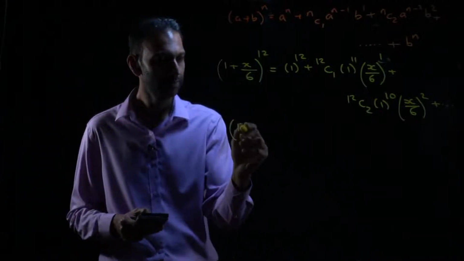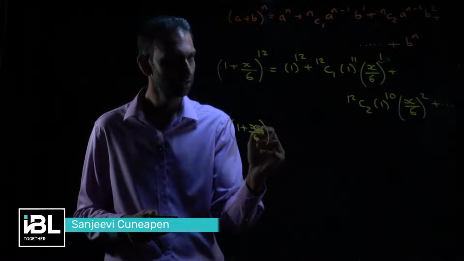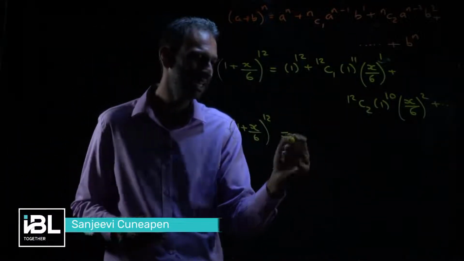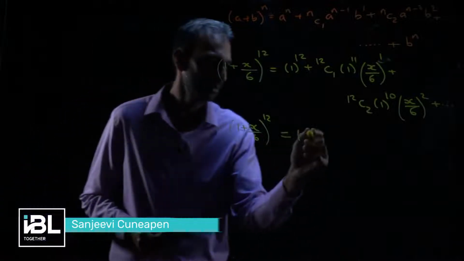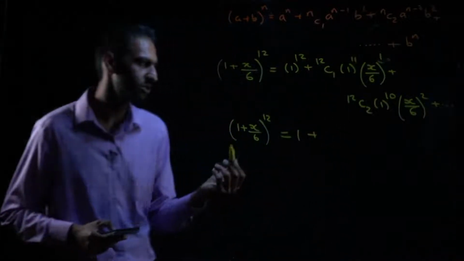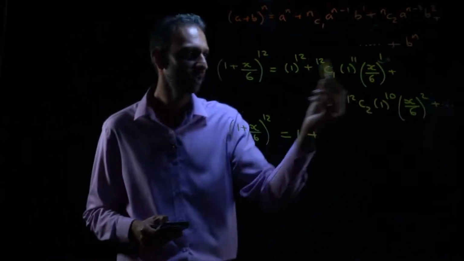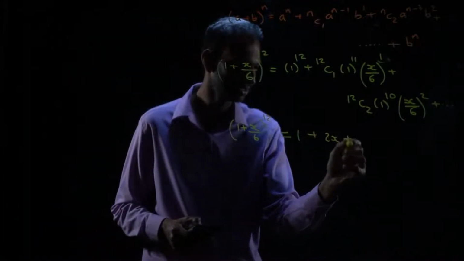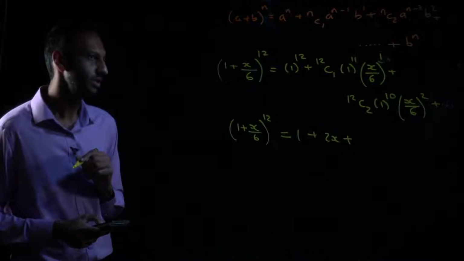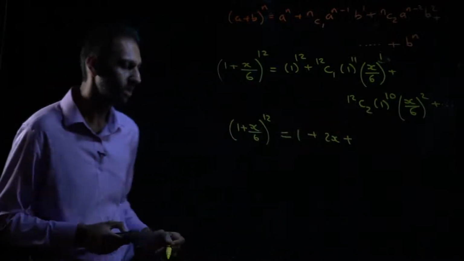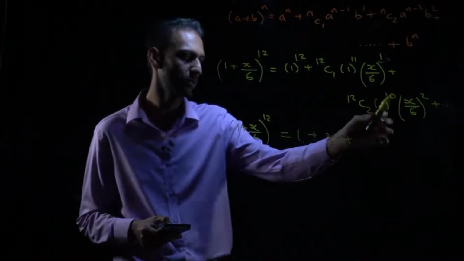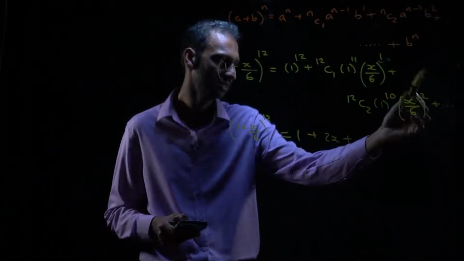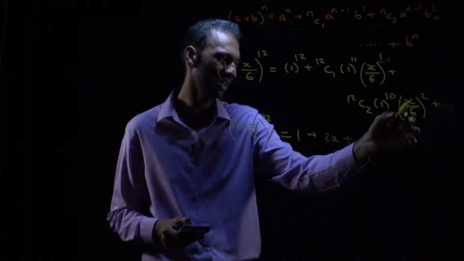So (1 + x/6)^12 is equal to 1, since 1 to the power of anything is 1, plus 12C1, which is just 12. 12 divided by 6 is 2. So the second term is 2x. Plus 12C2 multiplied by 1^10, which is 1. (1/6)² is basically 1/36, and the x² is just the term.